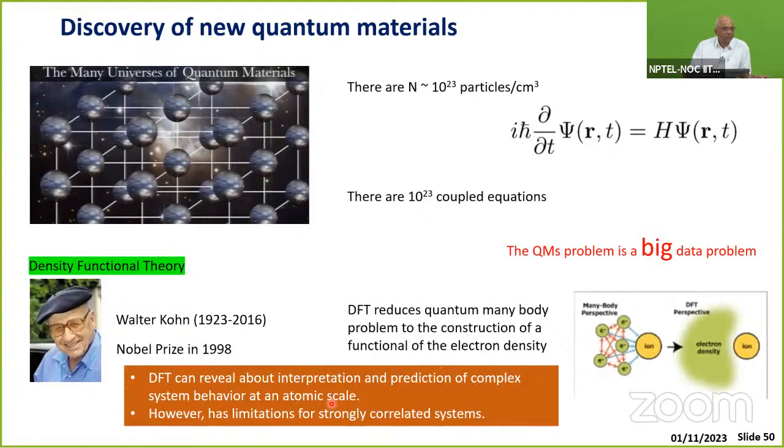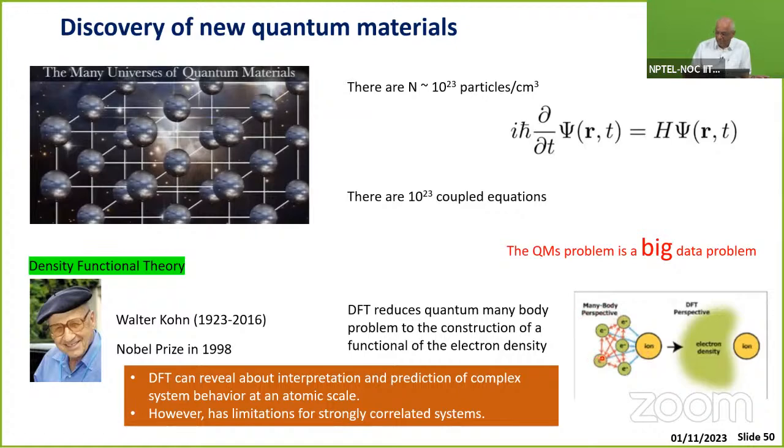So you have to make approximations, and there density functional theory plays a very big role. Some of you may be involved in that. And Walter Kohn won the Nobel Prize for that, DFT. So it reduces this many-body problem to the construction of a functional of the electron density. So you have the many-body perspective, where you have electrons interacting with the ion. There are many electrons with a single ion.